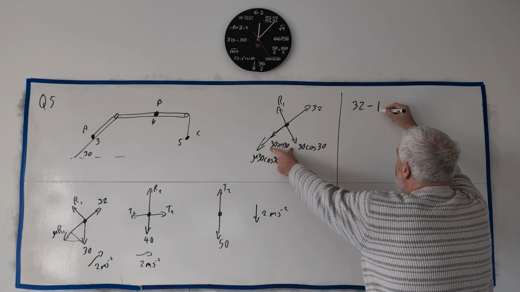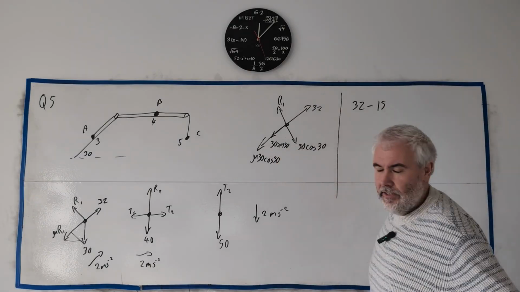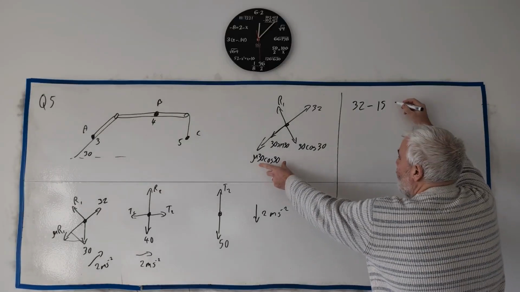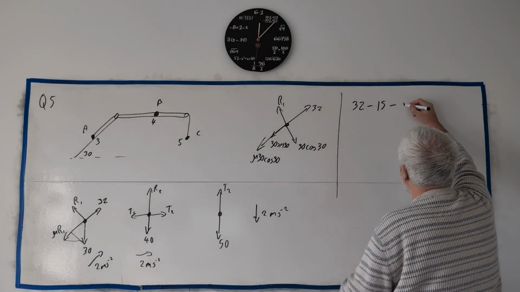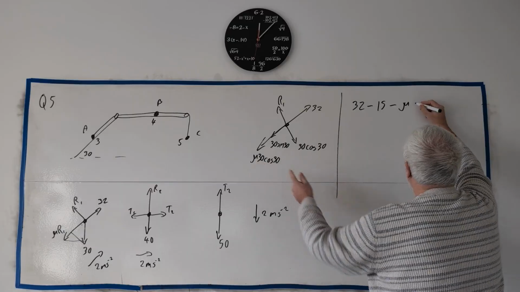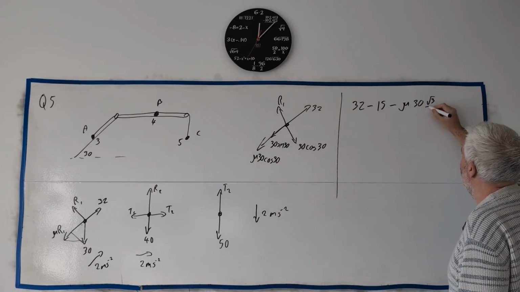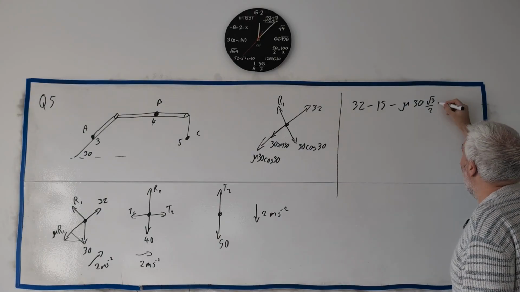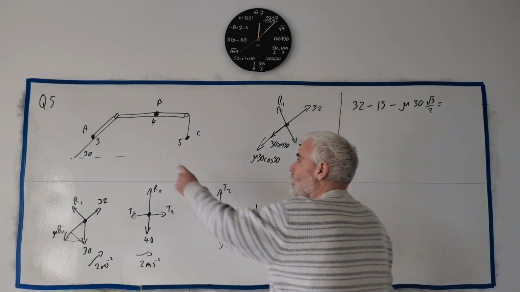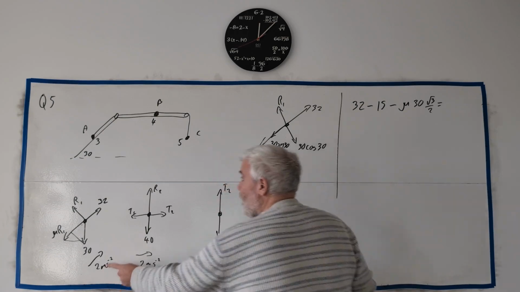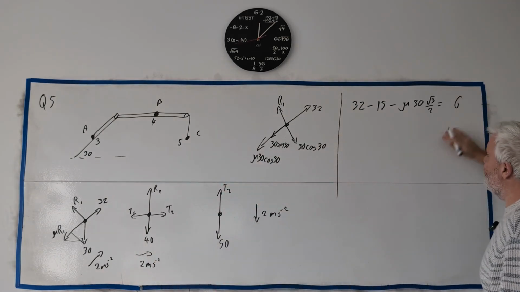That's 15. Sine 30 is 1 over 2. Take away mu times 30 times cosine 30, which is the square root of 3 over 2. And all of this must equal the mass times the acceleration. So it must equal 6.